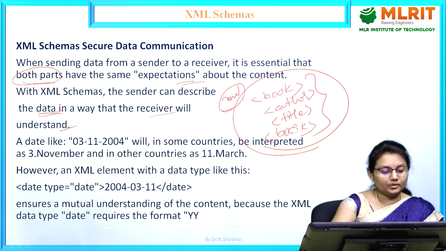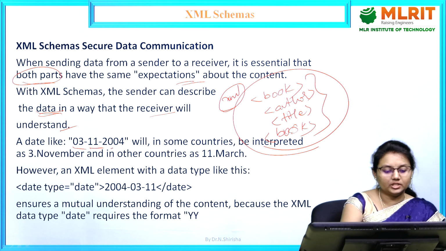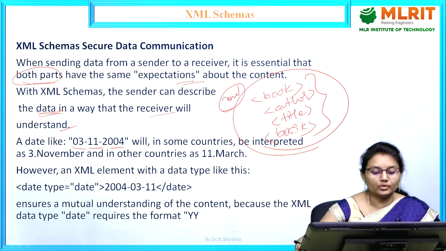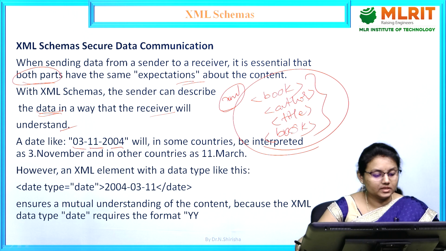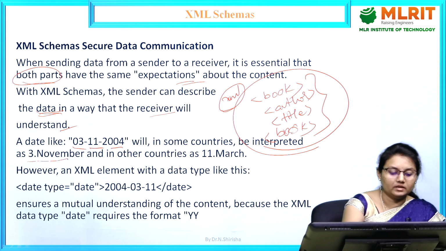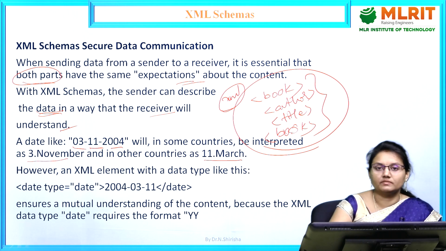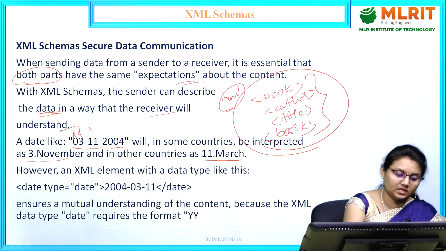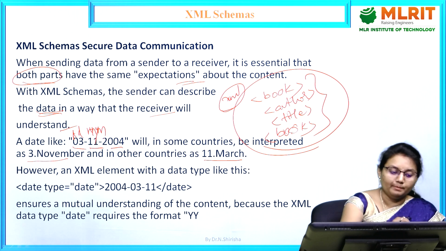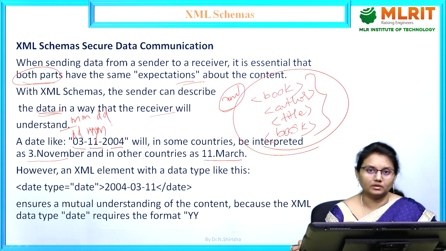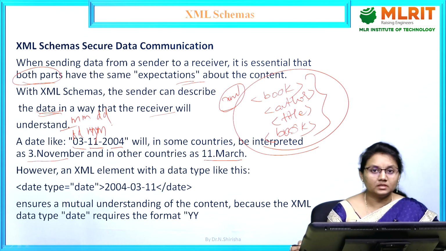So if you have a date like 3/11/2004, in some countries they will consider it as 3rd November, in other countries as 11th March. Maybe this is DD and this is MM, or this is MM and this is DD. There is no particular structure, so there will be an ambiguity.